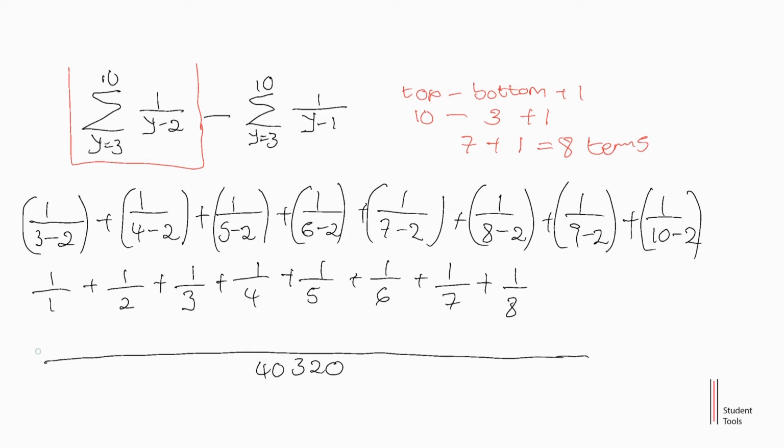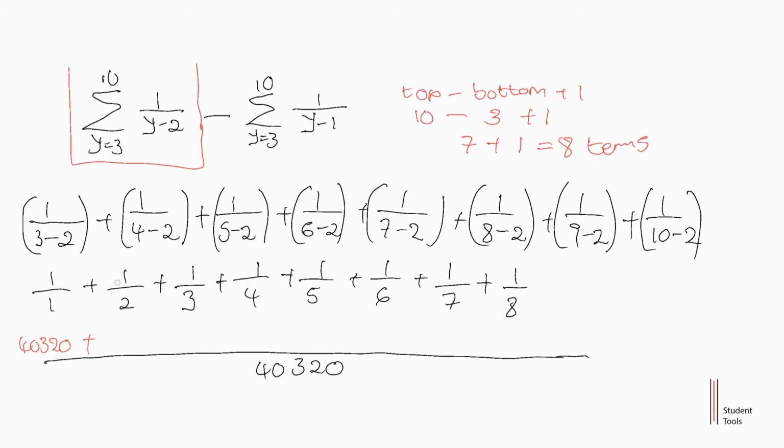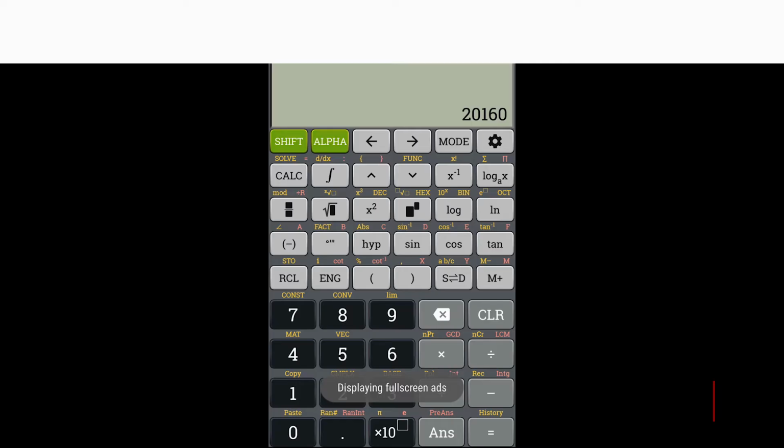That is still 40,320, plus 40,320 divided by 2. It is 20,160. 20,160 multiplied by 1 is still 20,160, plus 40,320 divided by 3.